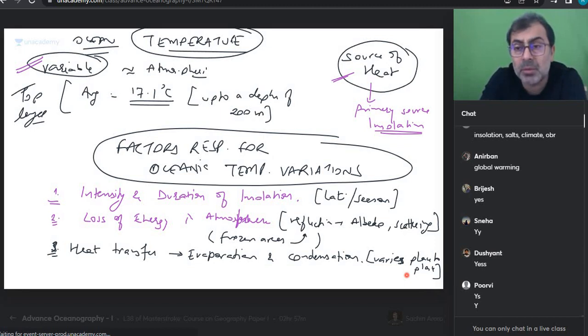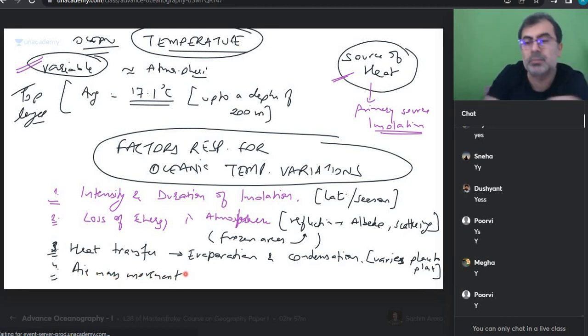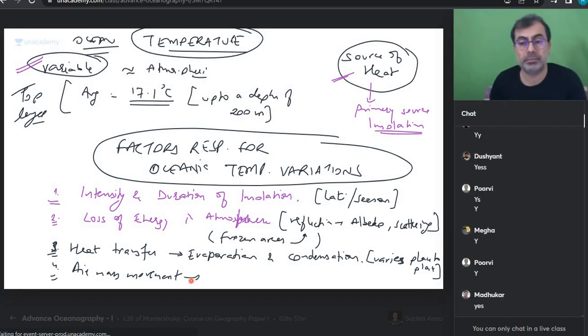Heat transfer, condensation. Remember, when water condenses, it releases the latent heat of condensation, which drives the cyclone. So, heat transfer. Fourth point is air mass movement. Remember, air masses moving over the oceans can alter their own properties and other properties also. True. Wasn't it so? It was a big thing. You were not supposed to miss this.